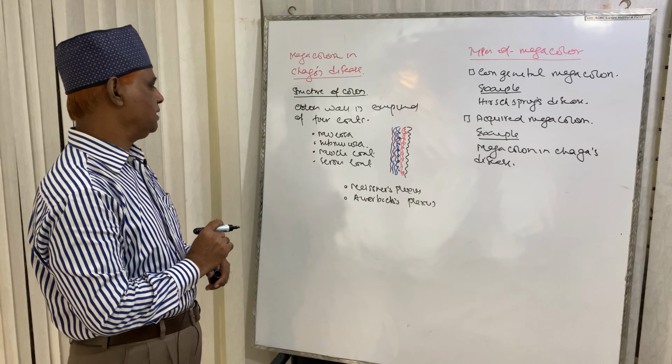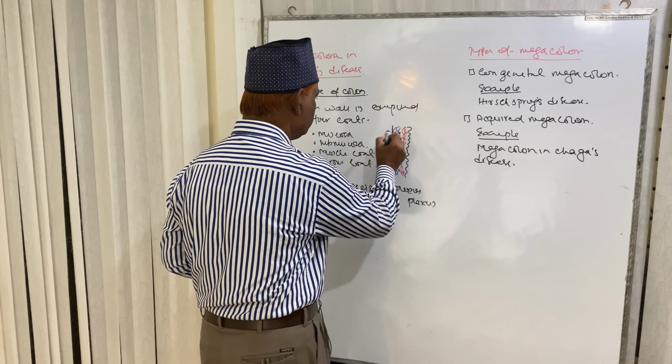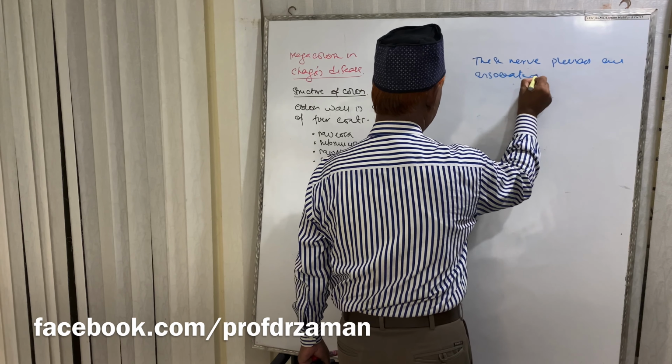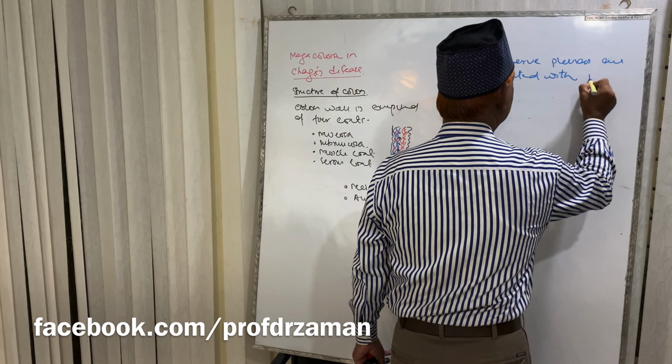This Meissner's plexus and Auerbach's plexus present in the wall of the colon are associated with normal peristalsis of the colon.